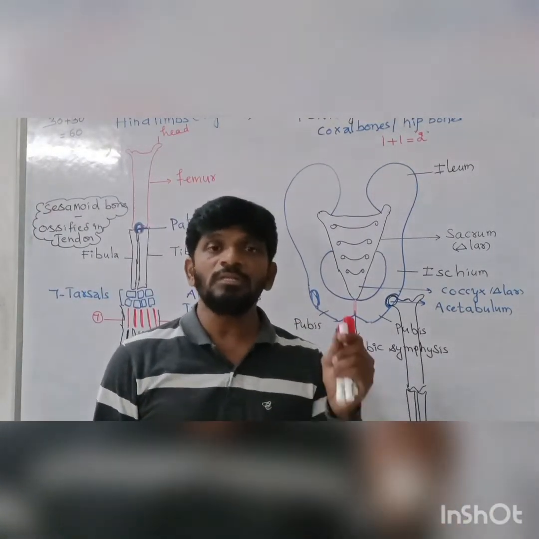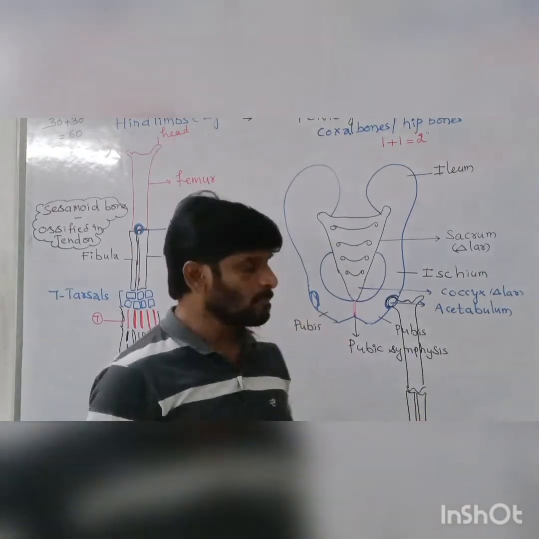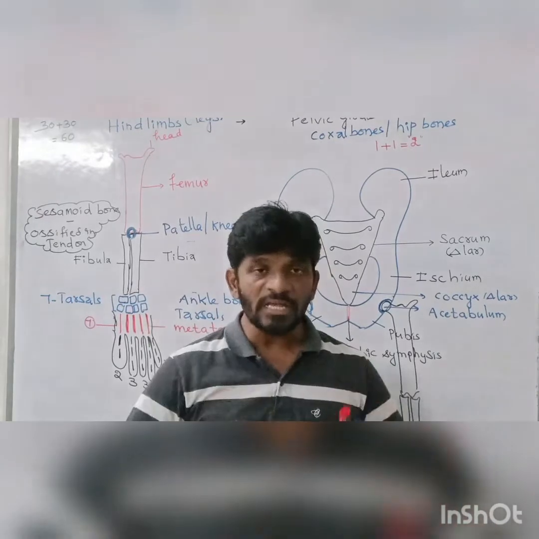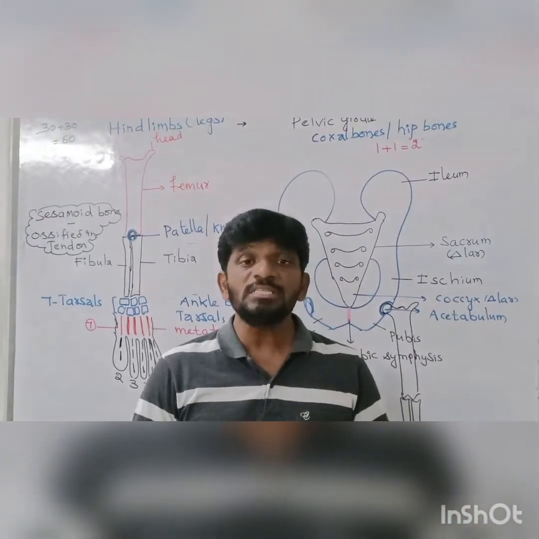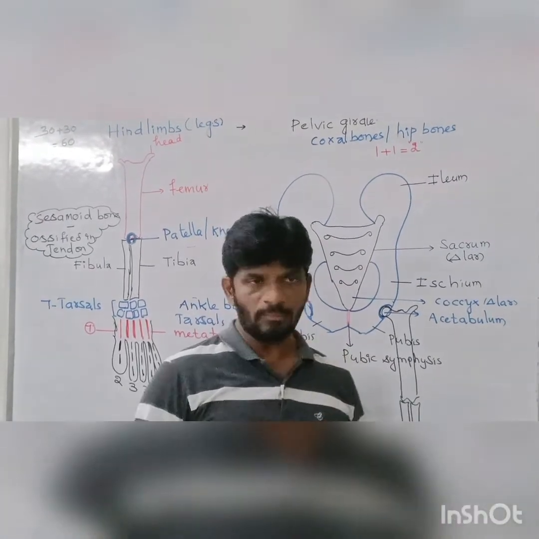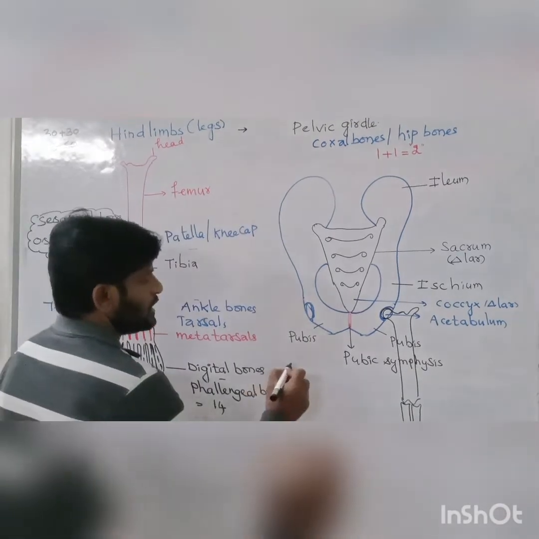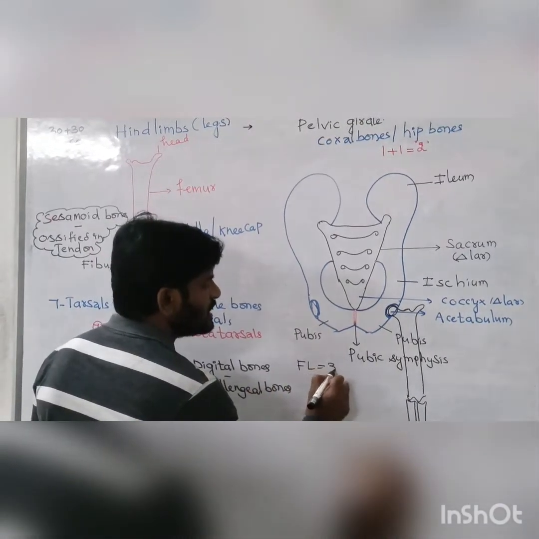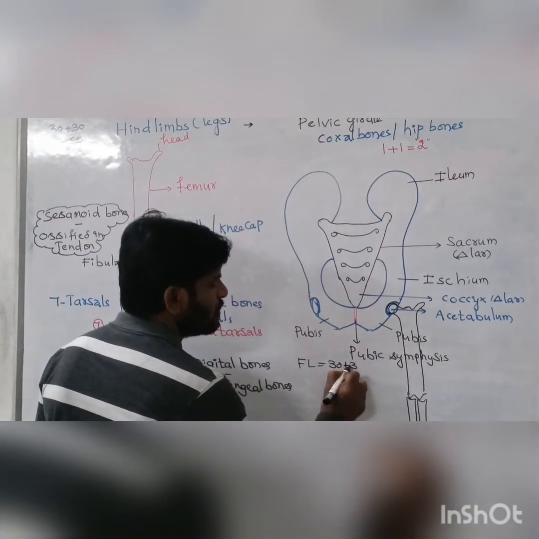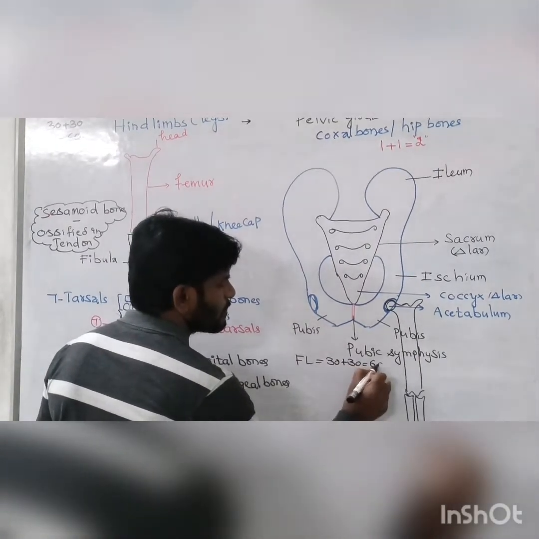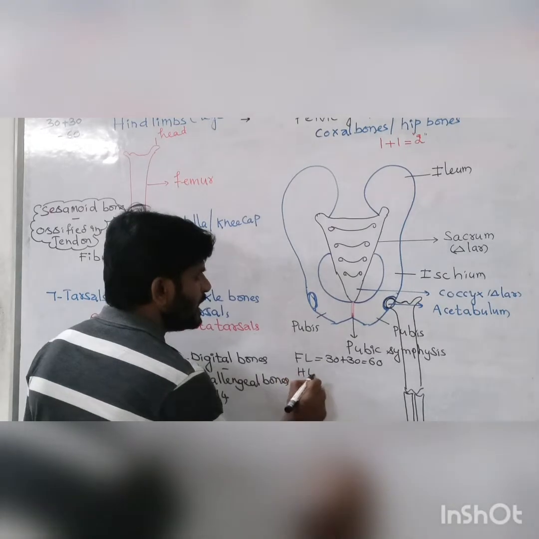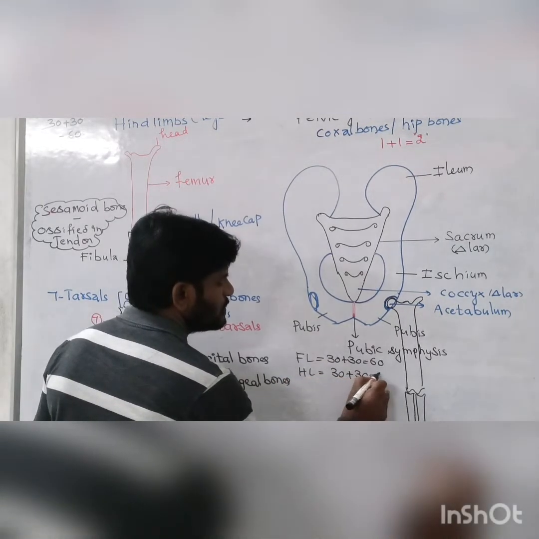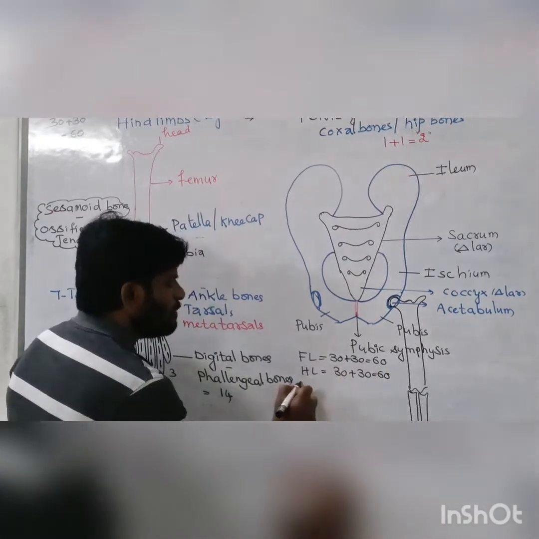The number of bones in the skeletal system is 206. Out of 206, 80 are in the axial skeleton and 126 in the appendicular skeleton. How? The number of forelimb bones is 60, 30 plus 30. The number of hind limb bones is also 30 plus 30, which is 60.